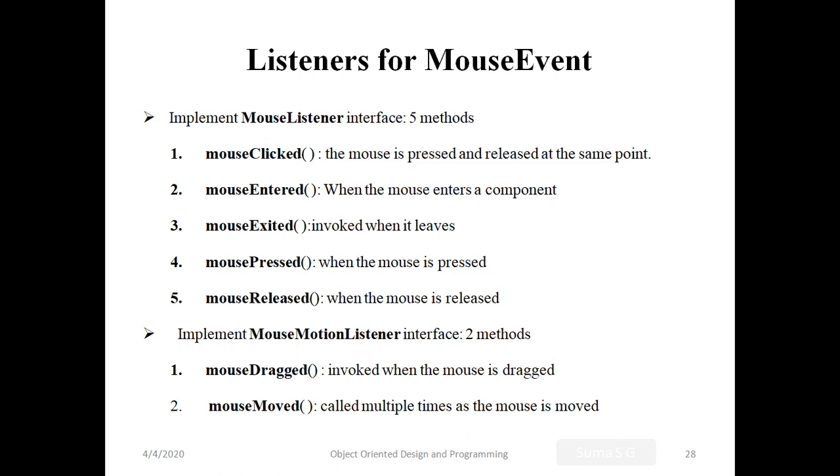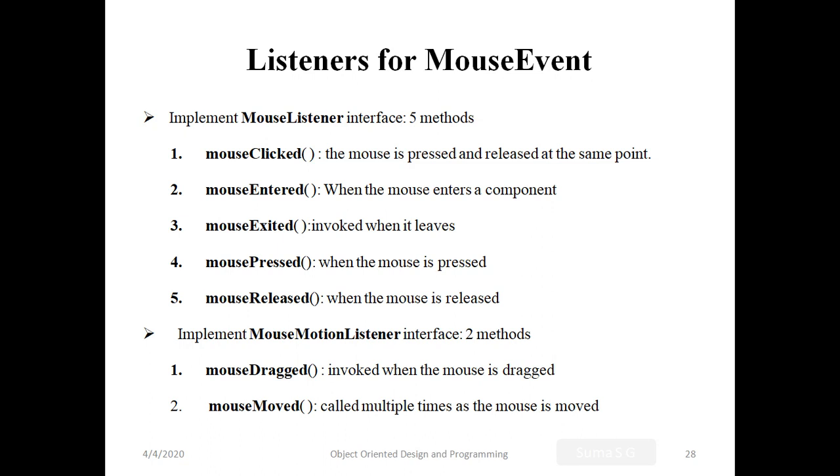The mouseClicked method is invoked when a mouse is pressed and released at the same point. When the mouse enters a component, the mouseEntered method is invoked. The mouseExited method is invoked when the mouse leaves the particular component. When the mouse is pressed, the mousePressed method is invoked, and when the mouse is released, the mouseReleased method is invoked.